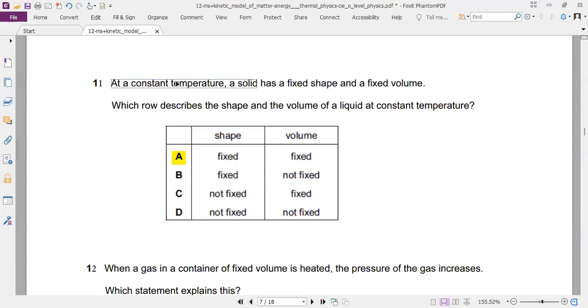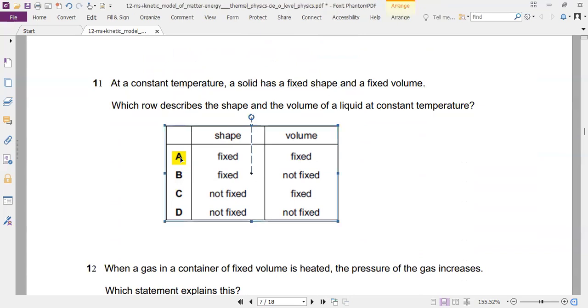Question number 11. The shape and volume of the liquid. The shape is fixed. So I think we got the wrong choice here. Yeah, that's not correct.